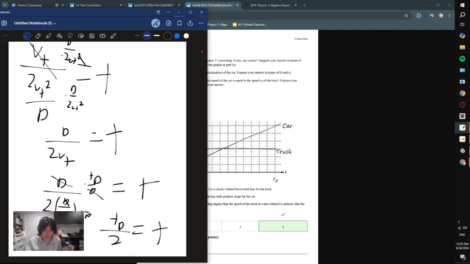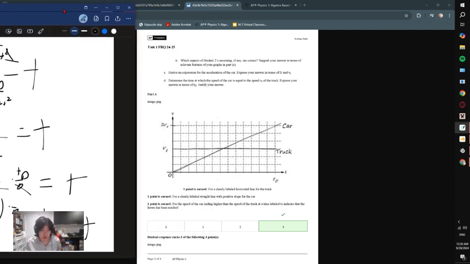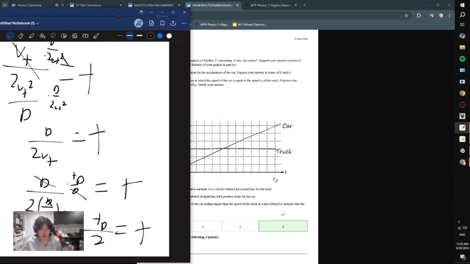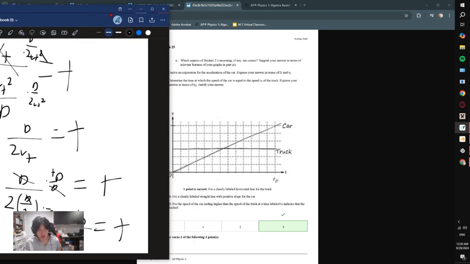So to justify this, the speed of the car is equal. We can just say that we can integrate the graph of the V versus T graph of the car and the truck, and we find that at Td, that's when they're equal.